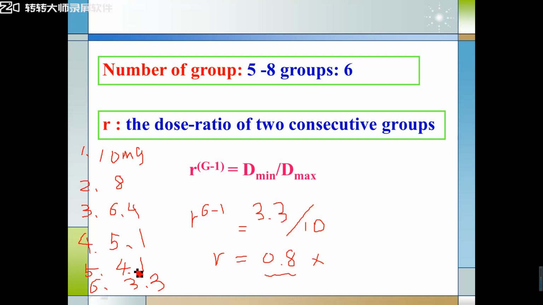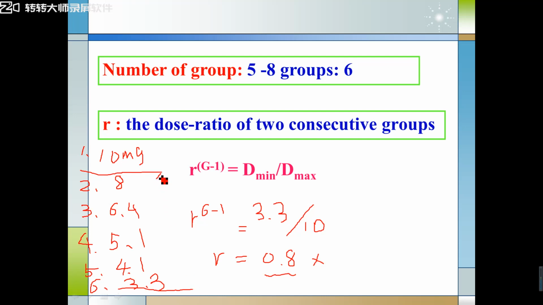Now I think you can understand the Karber method. The first group uses D max, and the last group uses the D min. In the first group, the death rate is 100%. In the last group, the death rate is 0%.